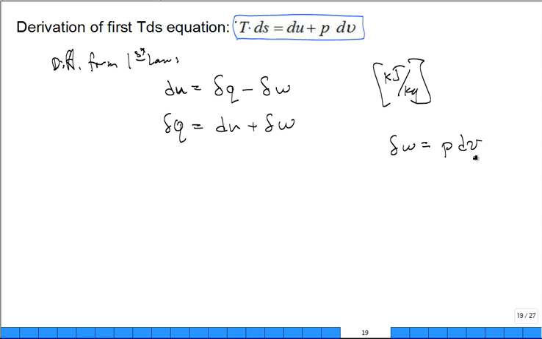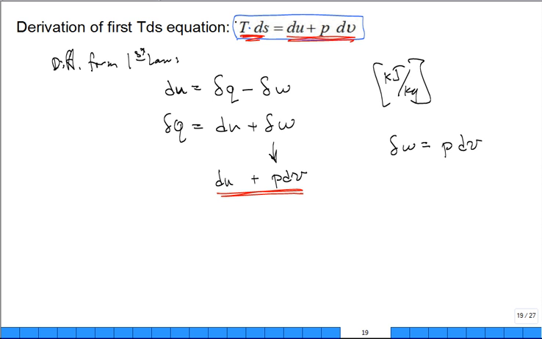Is del W equal to PdV? So we can replace right here P dV. Wow, du. It sure does look like we've lined up the right-hand side pretty well. But how does the left-hand side become TdS?